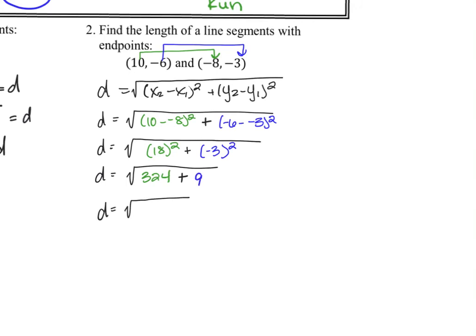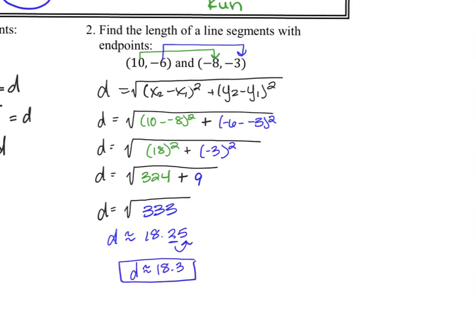So now we get the square root of 324 plus 9, which is 333. And then when you take the square root, you get 18.25, and then we're going to round to the tenth. So the 5 is big enough to change the 2 to a 3. So the distance is approximately 18.3.